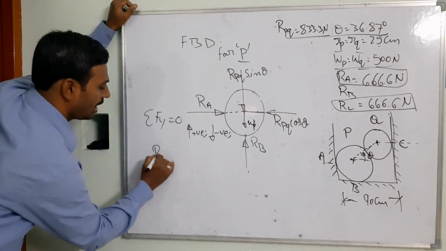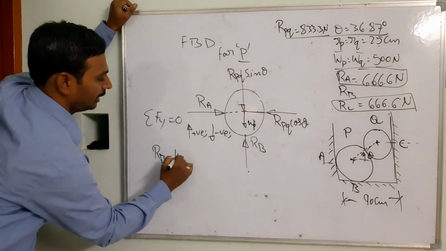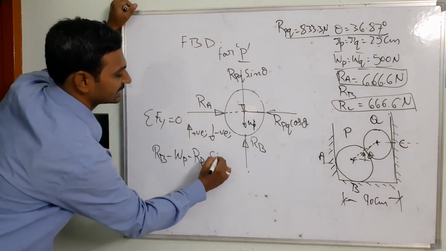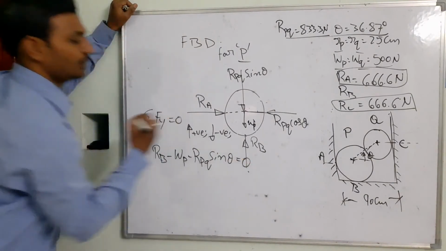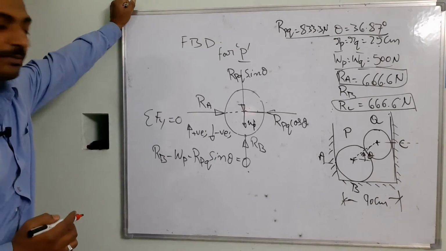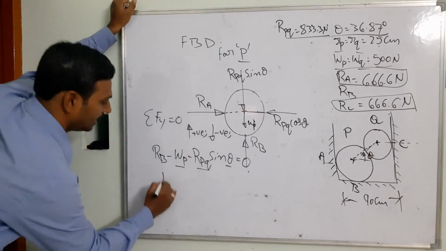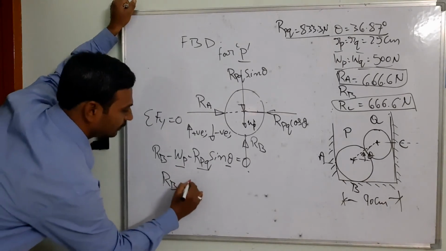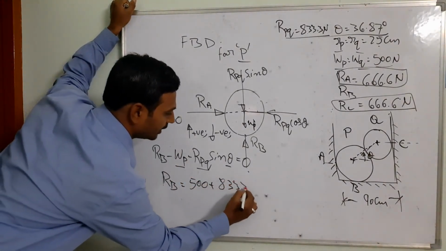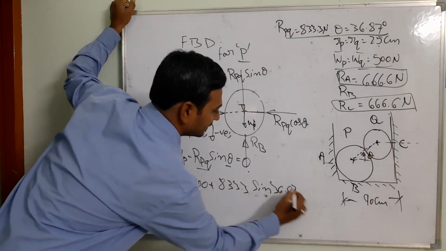That's going to be your RB minus WP minus RPQ sin theta is equal to 0. Can you see, this is your equation of equilibrium. I know RPQ and I know WP and the theta. So RB is equal to 500 plus 833.3 sin 36.87.